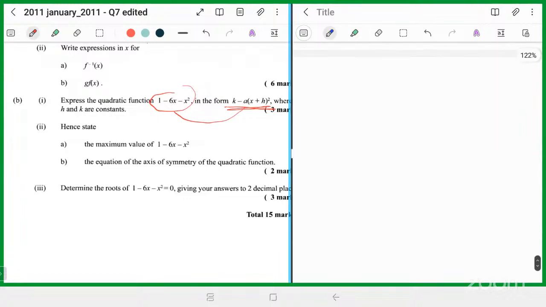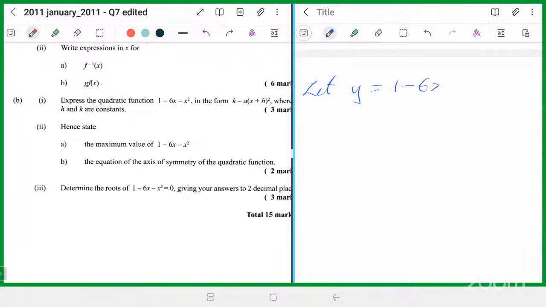All right. So let me give this expression a name so we can reference it. I was looking if they call it anything else down here, but they didn't. I'm just going to call it y for simplicity. So I'm going to say let y be equal to 1 minus 6x minus x squared. Let's write it in the standard form. Put the x squared term in front. You have to carry the negative with it.